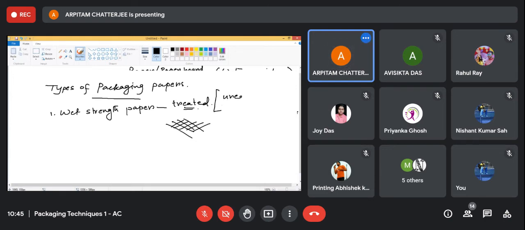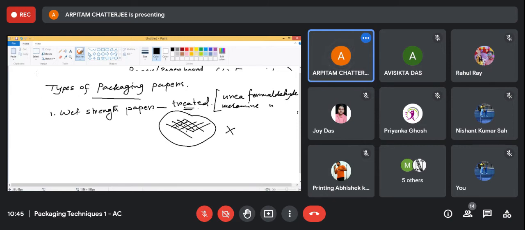One is urea formaldehyde and another one is melamine formaldehyde, which cross link and deposit on this porous cellulose architecture. This creates wet strengthening in the paper, which can be used for packaging.